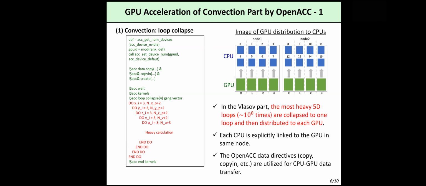For CPU-GPU data transfer, the simple OpenACC data directives such as copy and copyin are utilized. From the viewpoint of memory bandwidth, not CPU-GPU data transfer, but direct transfer between GPU-GPU is favorable, but the communication time became worse in our test simulation, so it has not been installed yet.